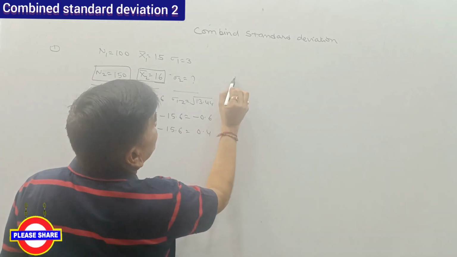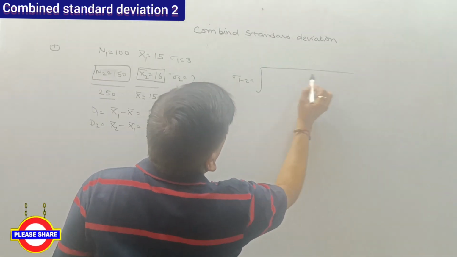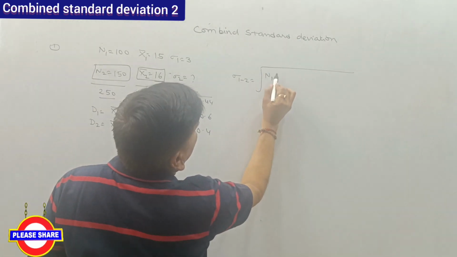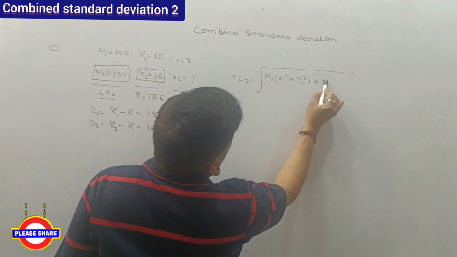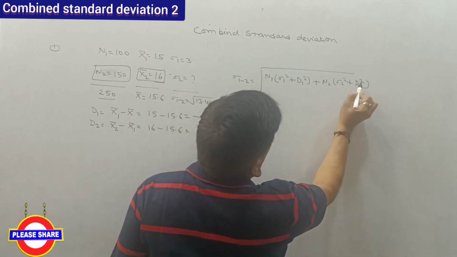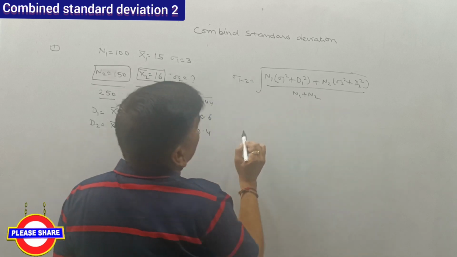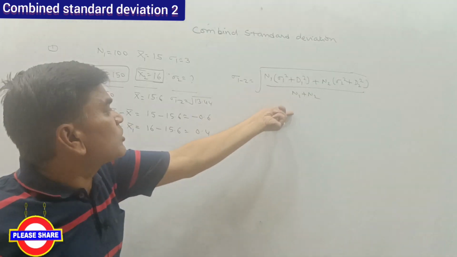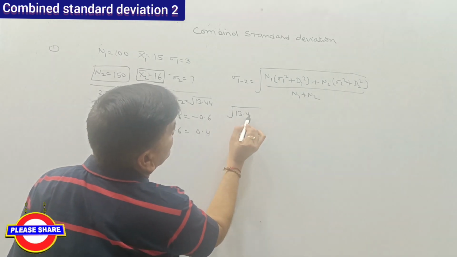Now the formula for the combined standard deviation is N1 times standard deviation 1 raised to power 2 plus D1 raised to power 2, plus N2 times standard deviation 2 raised to power 2 plus D2 raised to power 2, divided by N1 plus N2. Taking the square on both sides, the value of this is 13.44.